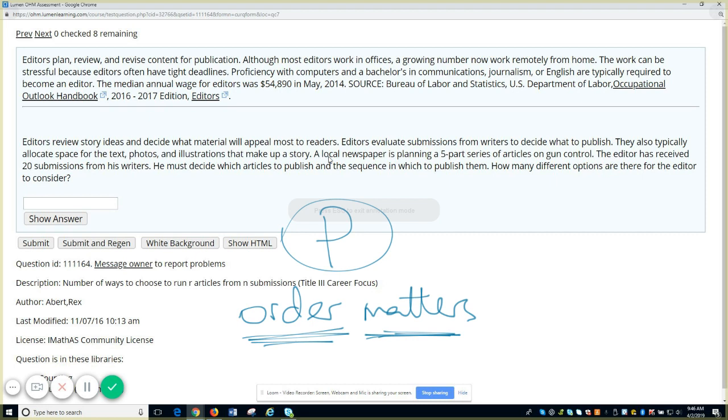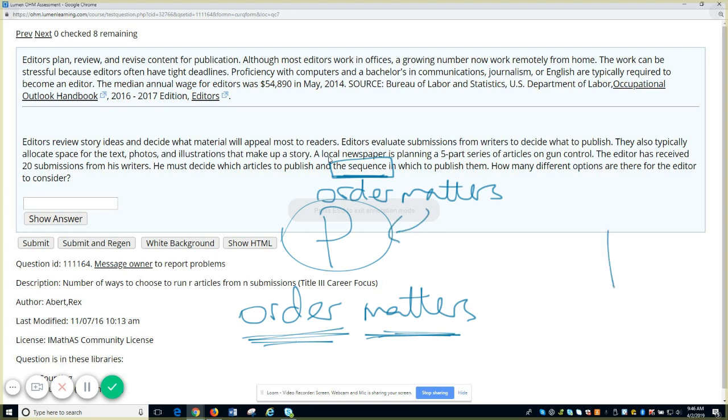So in this problem, the word sequence, the fact that he must decide which articles to publish and the sequence in which to publish them, the sequence implies that order does matter, which means it's a permutation question.